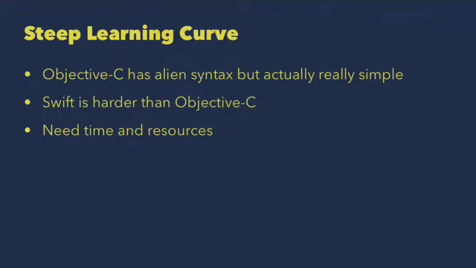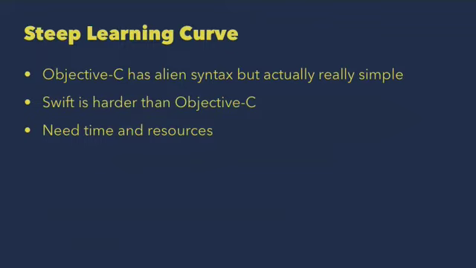A lot of people say Objective-C is difficult to learn, but in my opinion, Objective-C only has some weird syntax, mostly the square bracket syntax for message passing. But actually, it's very simple. The core concept of Objective-C is very minimal. It's just a very minimal addition to C, and C itself is also a minimal language.